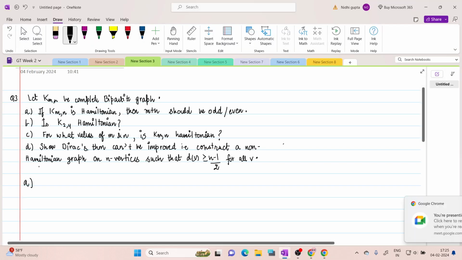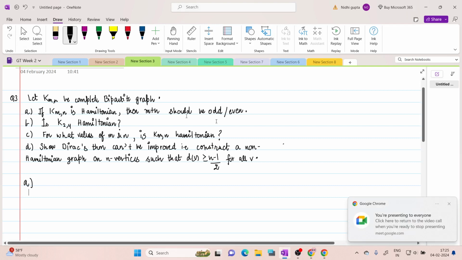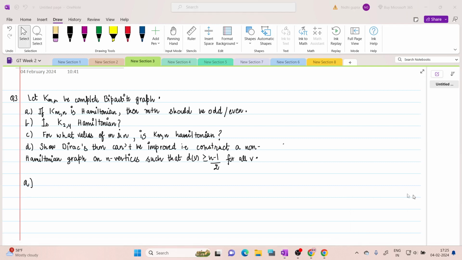Okay. So, first of all, if K_{M,N} is Hamiltonian, what do we mean by that? It is odd, ma'am. Okay, why?